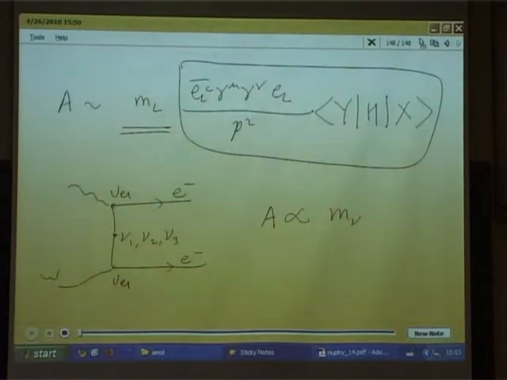So if it was nu1 inside, the contribution is going to be M1 times UE1 square. If there was nu2 inside, the contribution would be M2 UE2 square. If nu3 was inside, we have M3 UE3 square. So what you have got by this simple argument is that the amplitude for a neutrinoless double beta decay is proportional to this quantity.